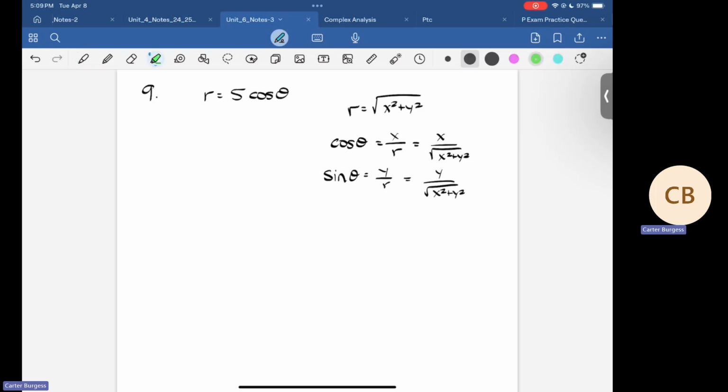And if I think of it in that way, then this r could be replaced with what we see here, and this cosine theta could be replaced with what we see here. In this case, I get that the square root of x squared plus y squared is equal to x over the square root of x squared plus y squared times 5x.